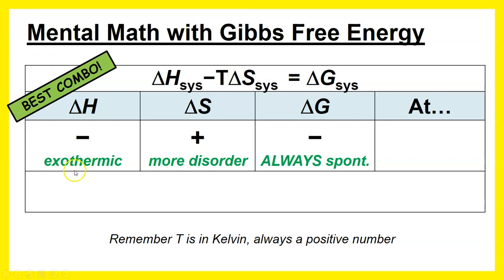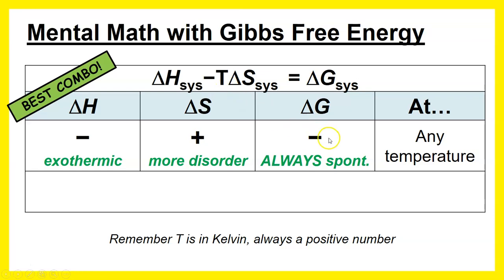If you have something exothermic and you are increasing the entropy, that will always result in a spontaneous reaction. That's the best combo you can have. And it doesn't matter what temperature you're at, does it? It doesn't matter if you're at a low temperature or a high temperature. You will always be taking a negative minus a positive to get a negative answer, regardless of what your temperature is.